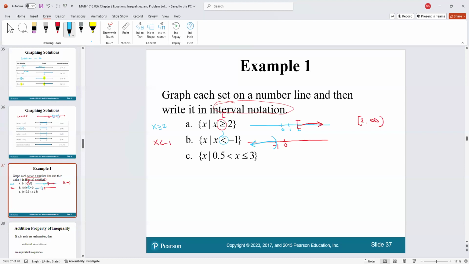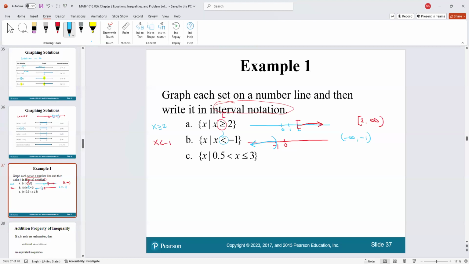So the answer would be negative infinity to -1 with parentheses. We use parentheses, do not use a bracket.